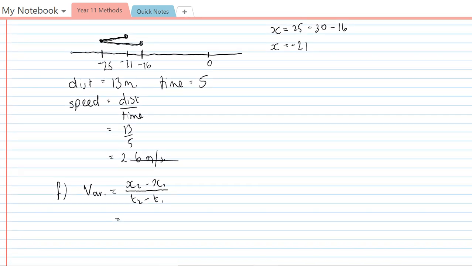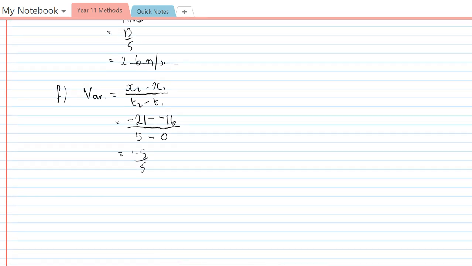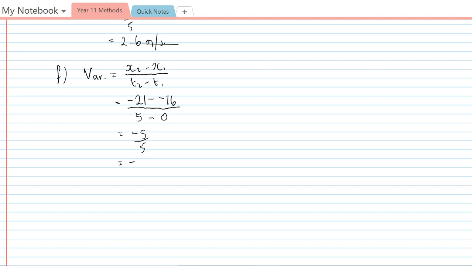So the displacement at the end was negative 21 minus negative 16, the initial displacement, divided by t2, which was after 5 seconds, minus the initial time, which was 0 seconds. So that ends up leaving us with negative 21 plus 16, which is negative 5, divided by 5, which happens to be negative 1 meters per second.